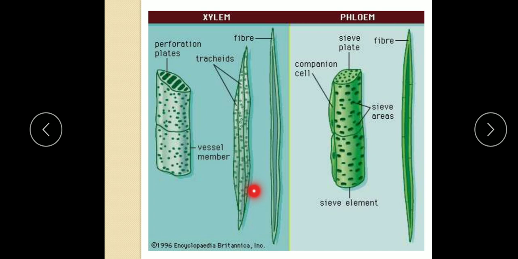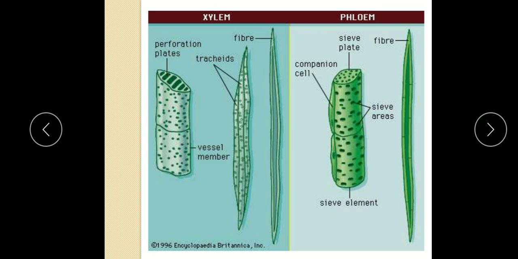Tracheids are also long and tubular, but the ends are tapering, meaning pointed ends. And this is the xylem fiber. All these three components in the xylem are dead. Only xylem parenchyma is living.